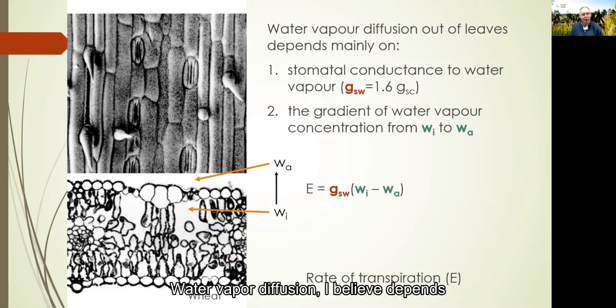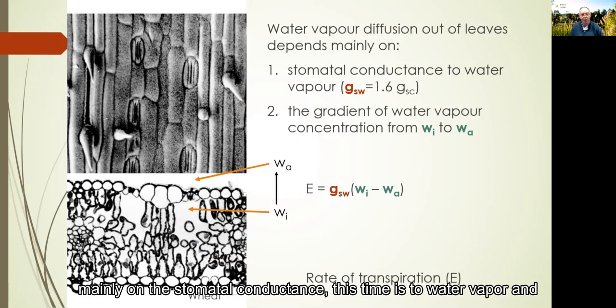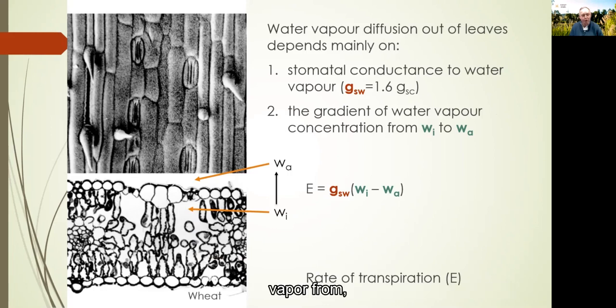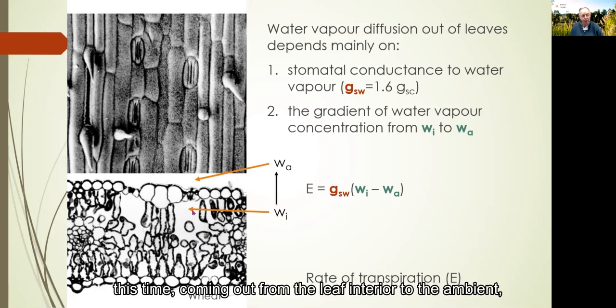Water vapor diffusion out of the leaf depends mainly on the stomatal conductance. This time it's to water vapor, and water vapor diffuses in air 1.6 times more rapidly than does carbon dioxide. And it also depends on the gradient of water vapor from the leaf interior to the ambient.